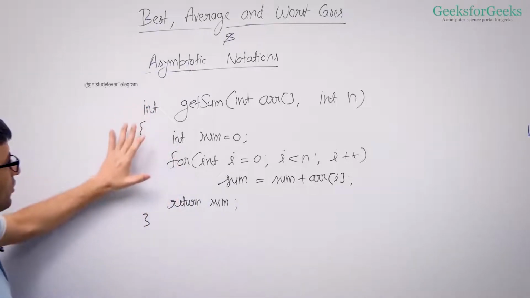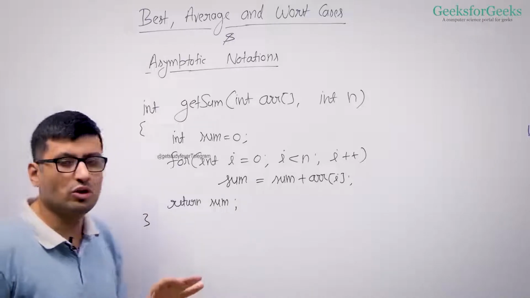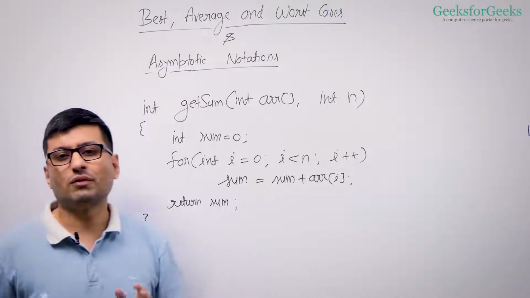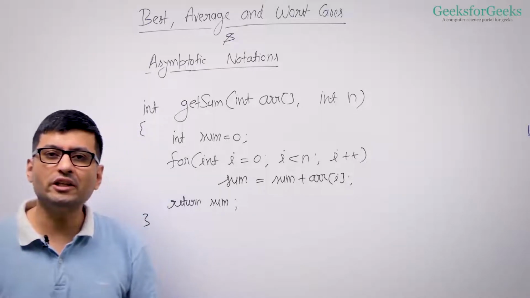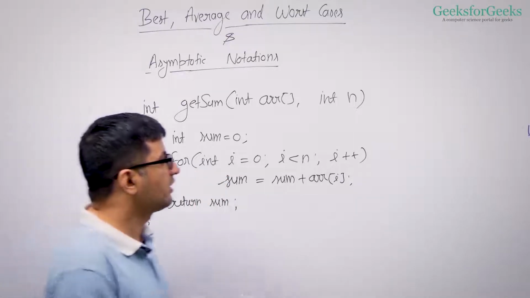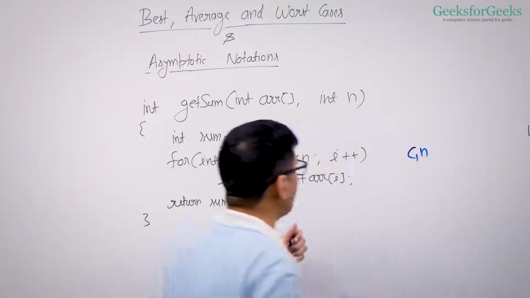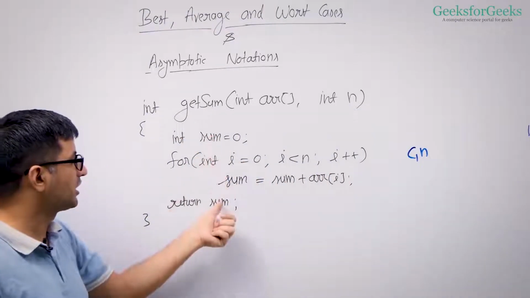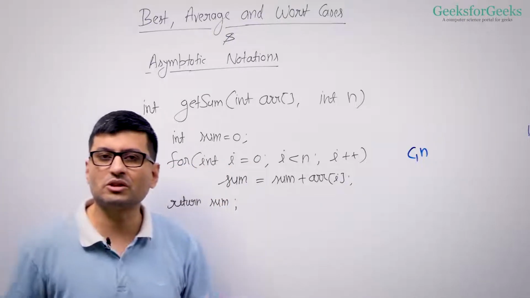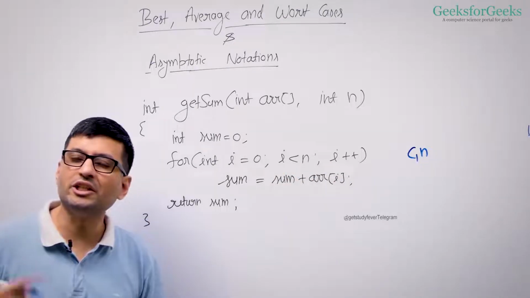Let's take a look at this code, and please pause this video and try to think of order of growth of this function. Order of growth for this function is clearly n, right? It's linear. You can see that there is some work which is happening linear time, c1n, and there is some work which is happening constant time, like these two, and initialization, all these things happen constant time, and there is this thing and this i++ which happens linear time, right?